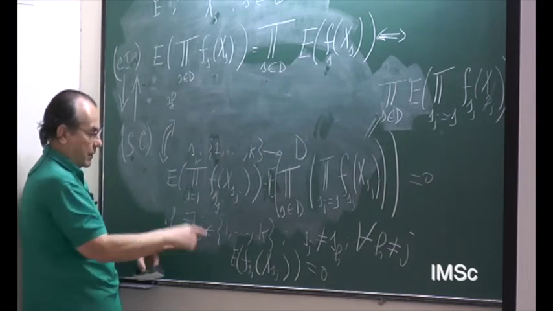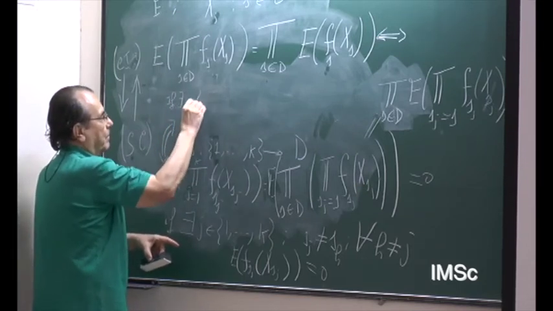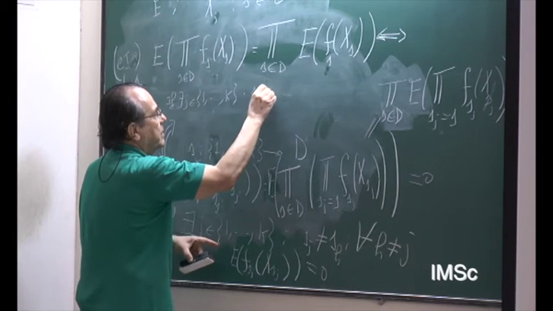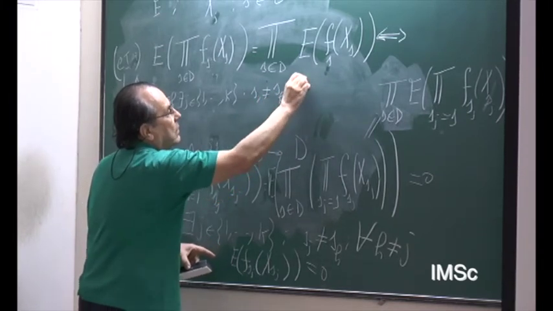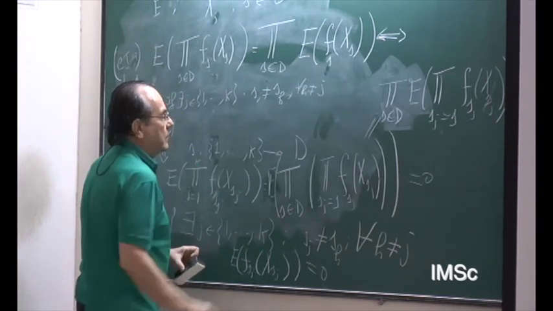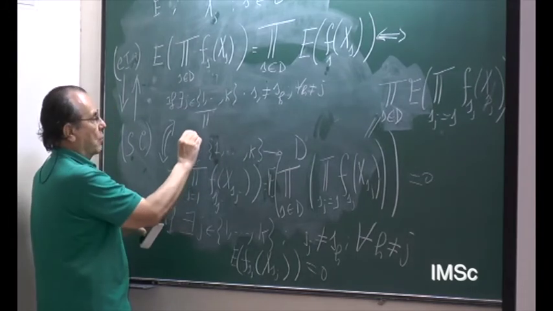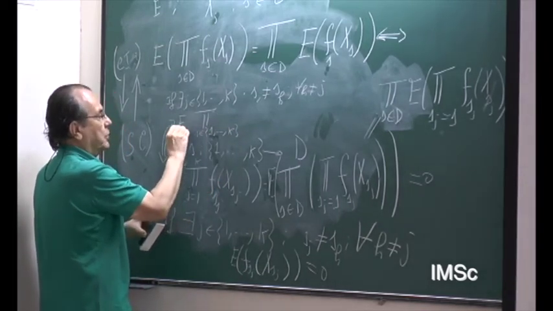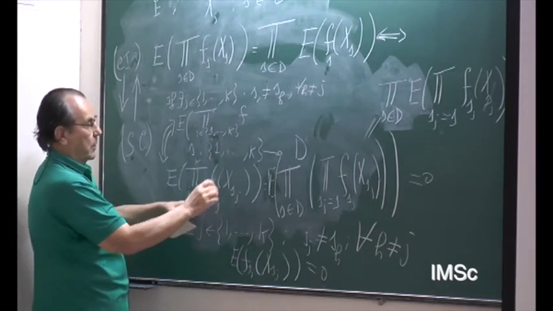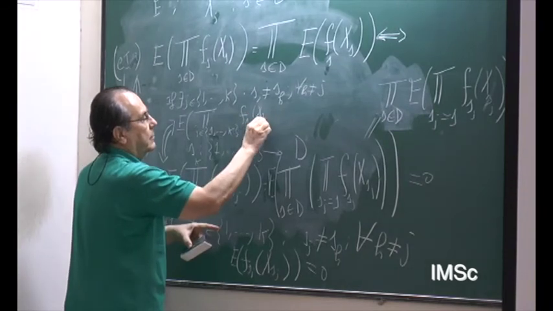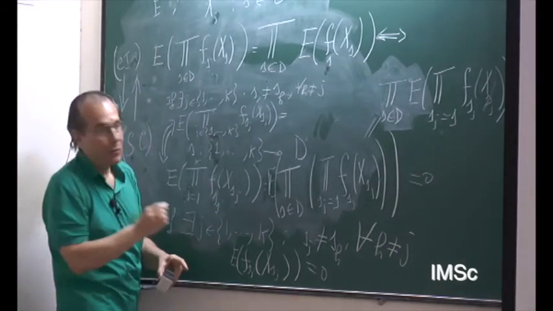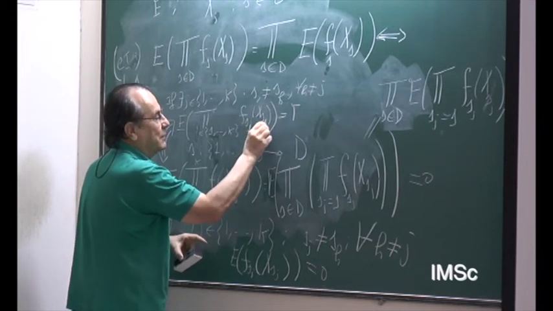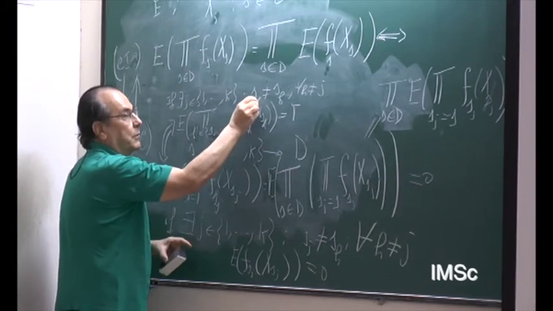If there exists a singleton, so with this condition, Sj different from Sh for all h different from j, then the product over all j in this set from 1 to k, the expectation of this product of f Sj x Sj will be equal to f, let me write h here because it's a dummy index, but for intuitive reason it's better to distinguish from the singleton, which we have called j, okay?